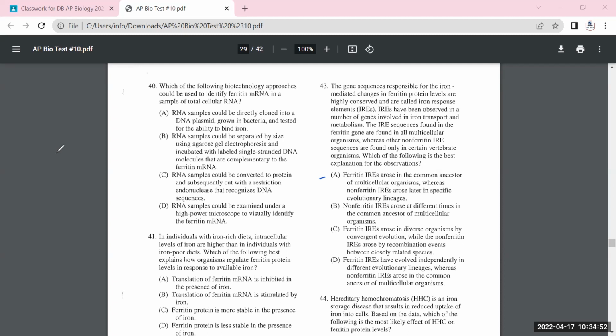Ferritin IREs have evolved independently in different evolutionary lineages where ancestors arose. Non-ferritin IREs arose in the common ancestor of multicellular organisms. Nope. A is the best answer.